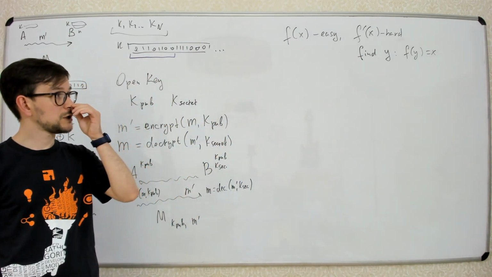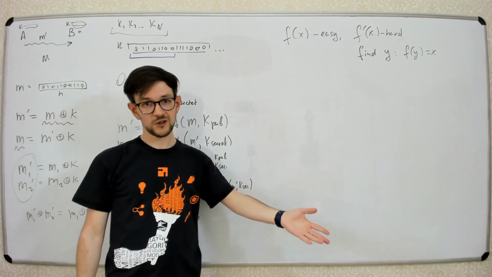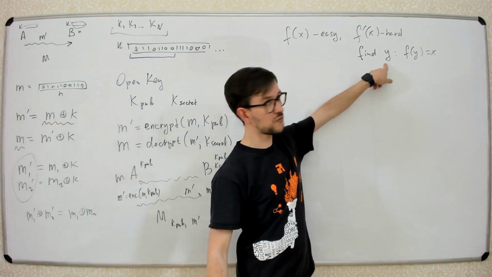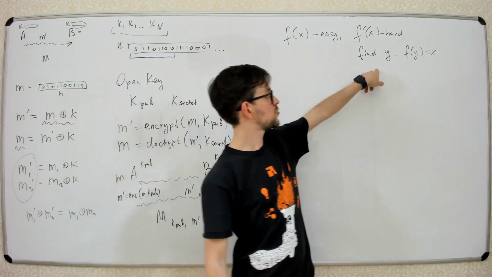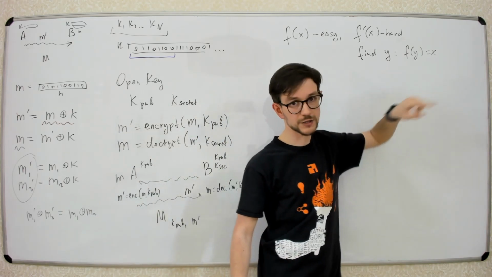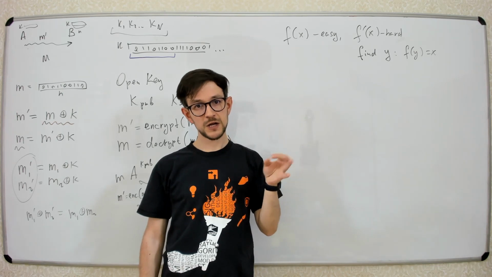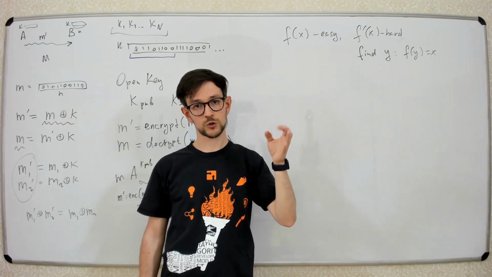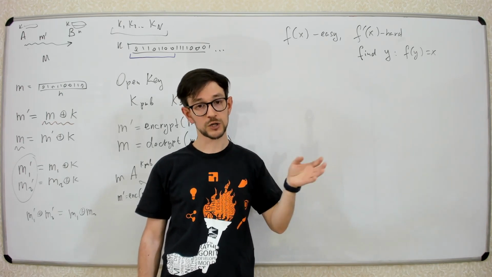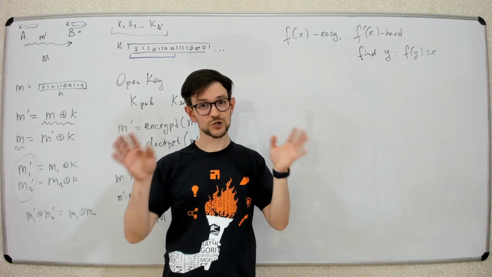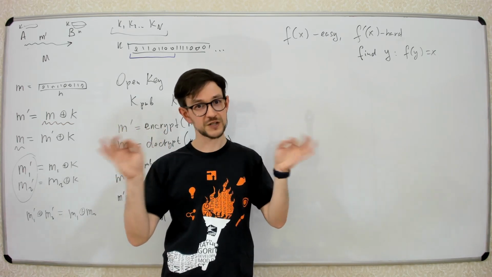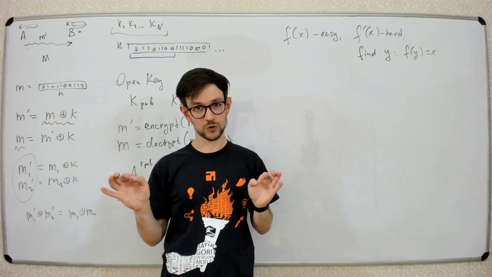If you can calculate function f, then you can just iterate over all possible values of y and check for each value whether the function equals x. So it's always possible to calculate the inverse function. The idea is that it is very hard to calculate. You need to spend a lot of time, and this time is so large that it is practically impossible to calculate.